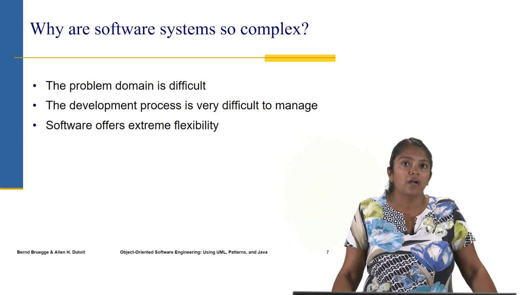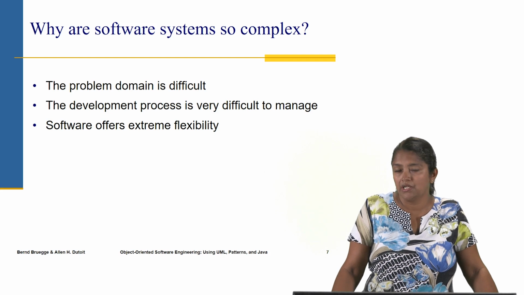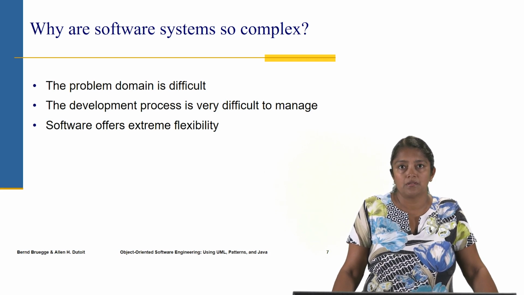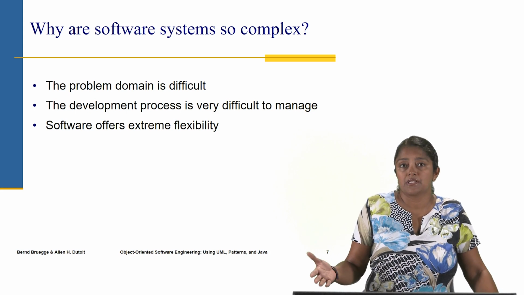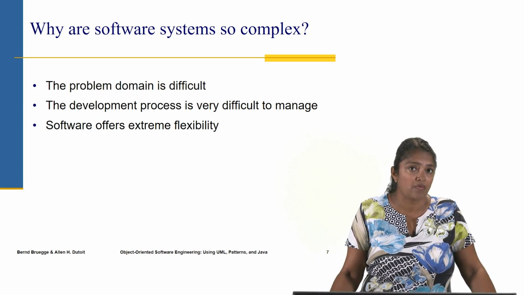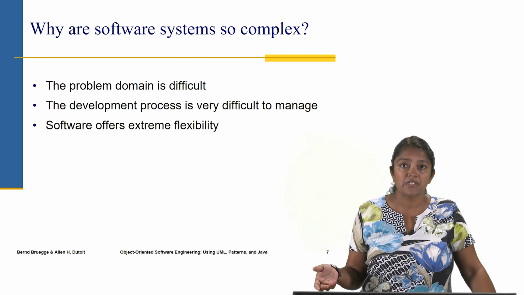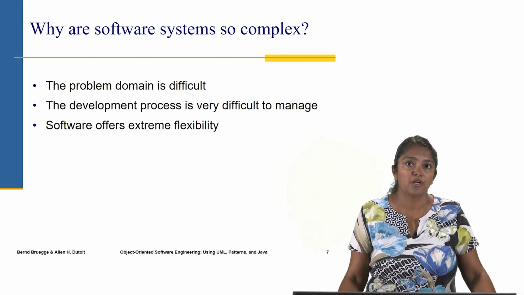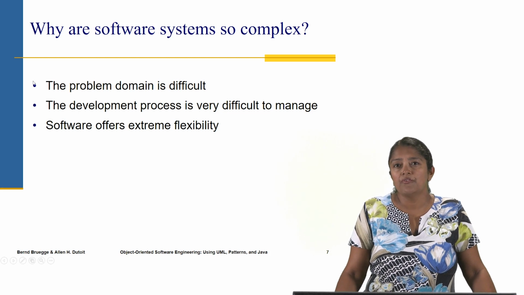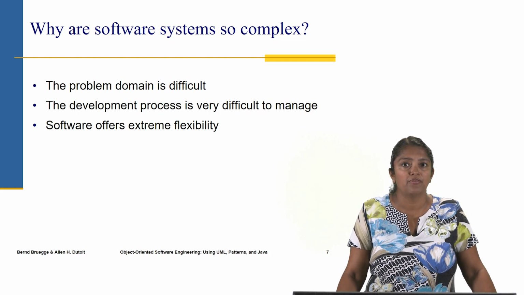It's very hard to estimate how much time it would need to build a certain module, or how many defects that module is likely to have, and how much time it will take to fix them. So it's a very difficult process, and software tends to offer extreme flexibility.